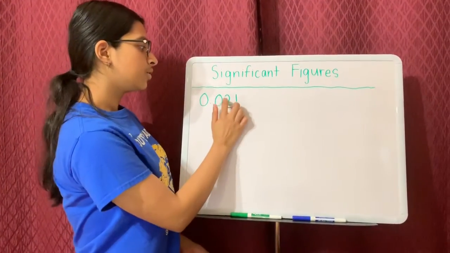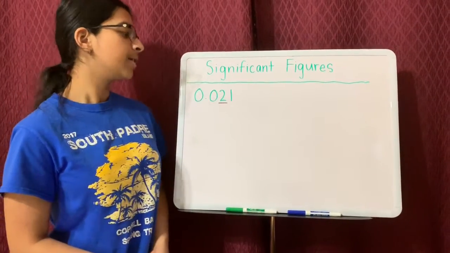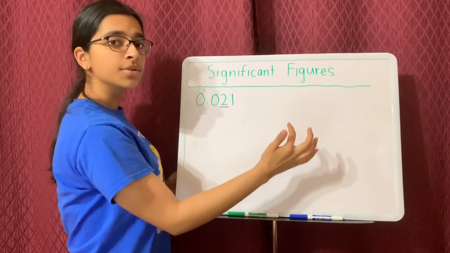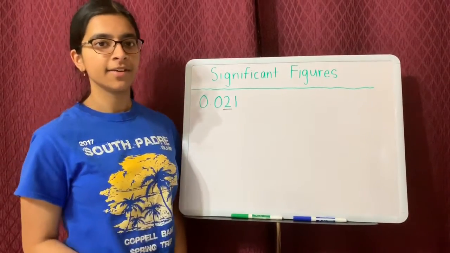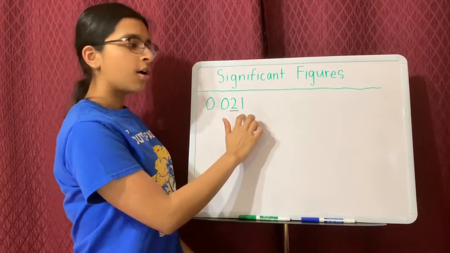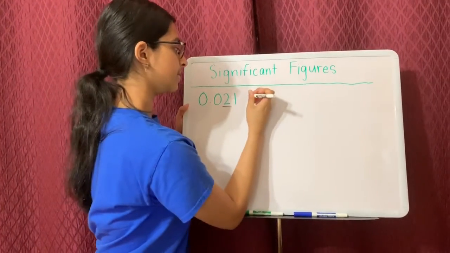Here we have 2 and 1, so there's 2 Sig Figs in 0.021. But if there were more digits on this side, even if they were zeros, those would all be counted as significant figures, because you start counting from the first non-zero digit all the way to the end of the number. So this is going to have 2 Sig Figs.